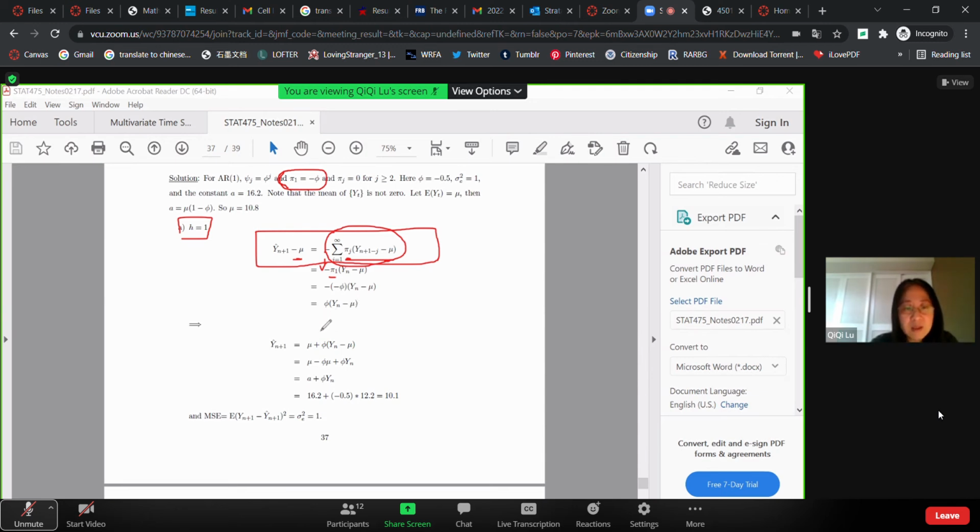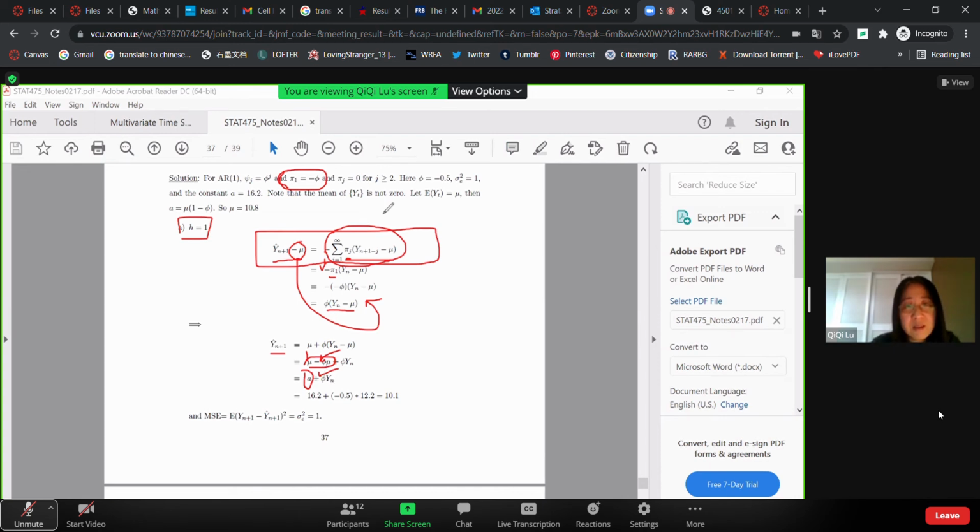And then plugging in all the numbers, we move this mean to the right hand side. So we have mu plus phi yn minus mu, right? And you have mu minus phi mu plus phi yn. And then this is again just your constant term, plus phi yn.